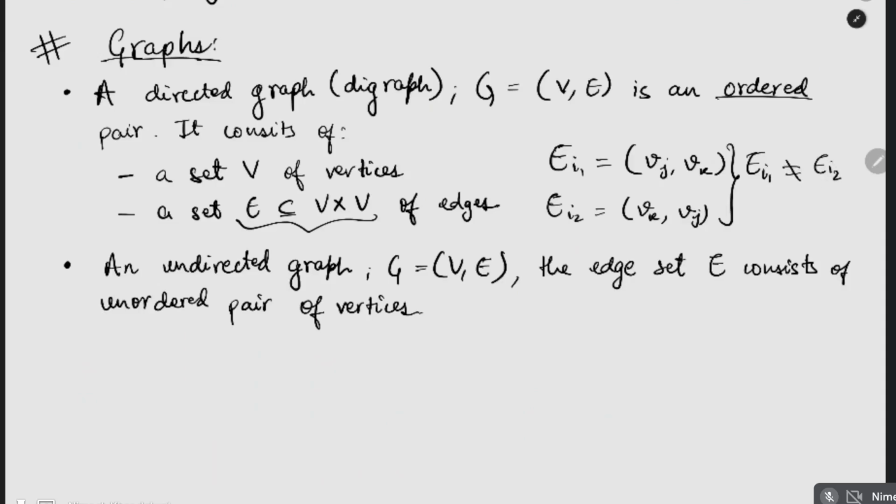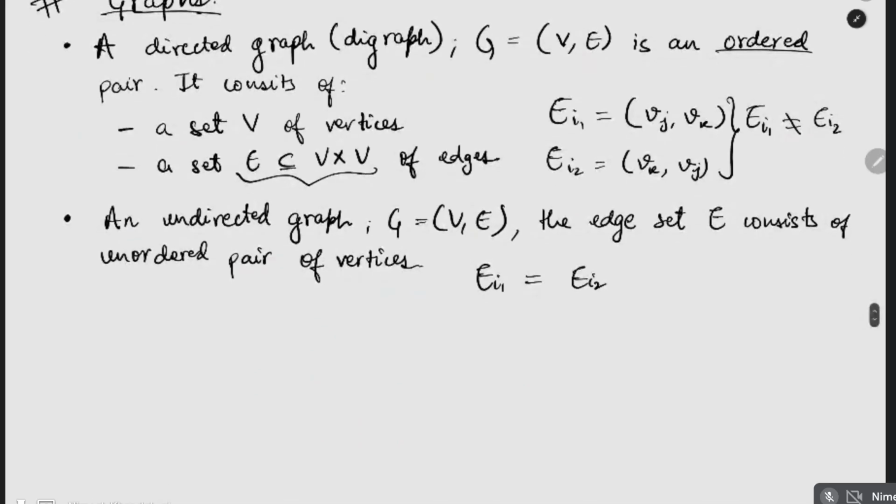They depend on the order of the vertices in which they are stored in the graph. While here, in the case of an undirected graph, these are the same. So directionality does not matter, or the order of the vertices does not matter.